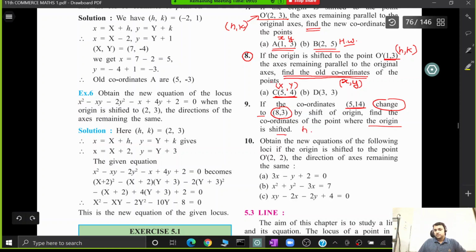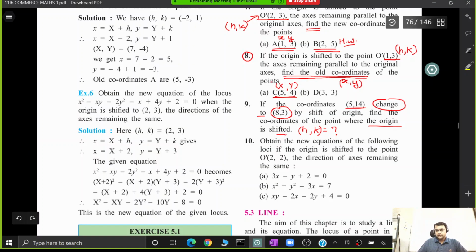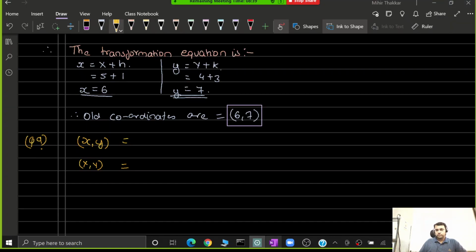So here we need to calculate the value of h comma k. So let us write down question number 9. It says that small x, y value is known as well as the capital X, Y value is known. What is it? 5 comma 14 and 8 comma 3.